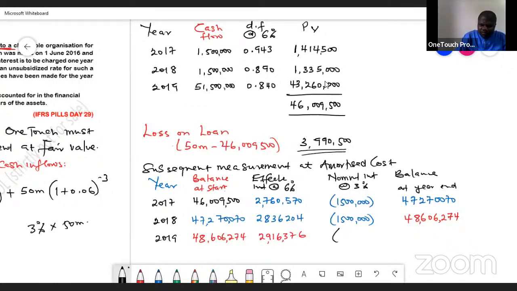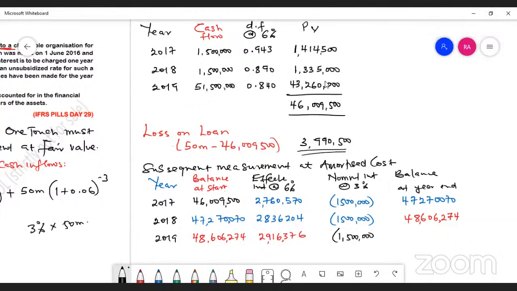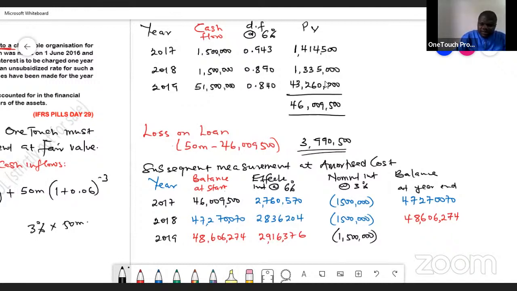So minus 1.5. So we get something around 50,106,273.